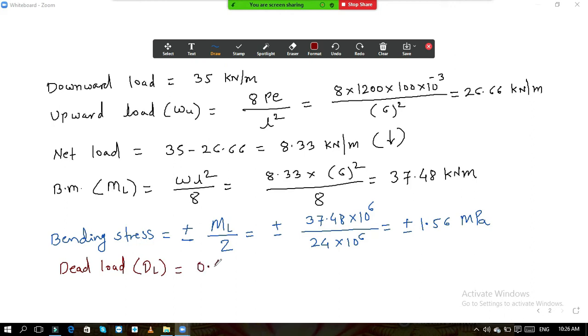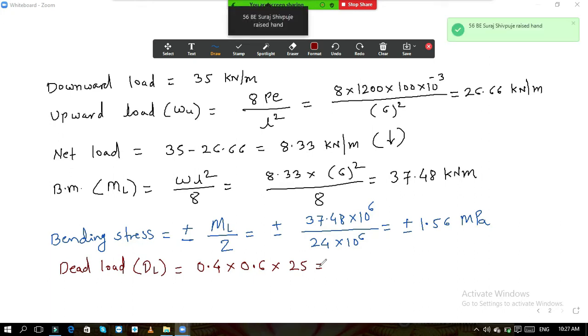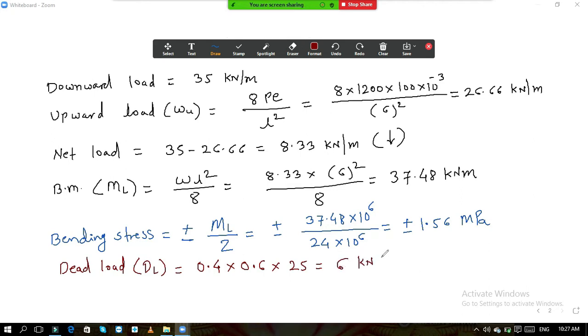So it is 0.4 into 0.6 into 25. It is 6 kilonewton per meter. Okay, 6 kilonewton per meter. This is the dead load.